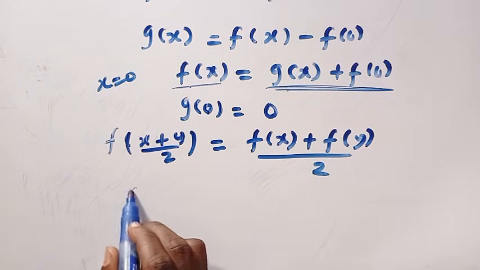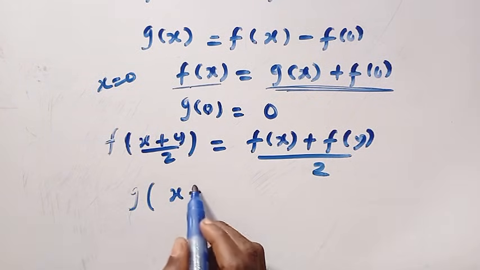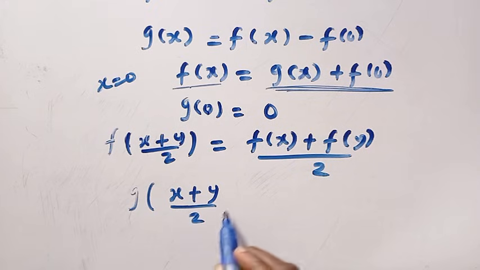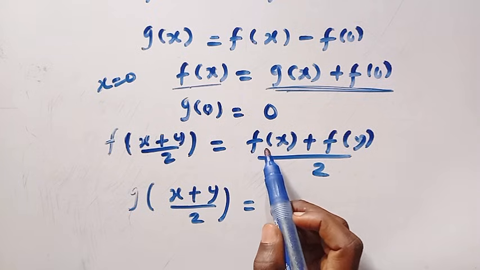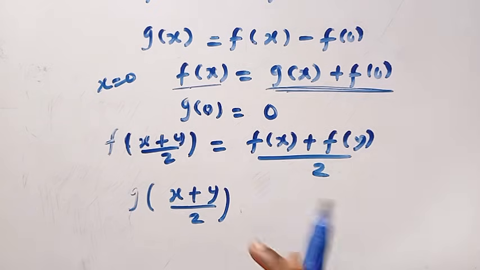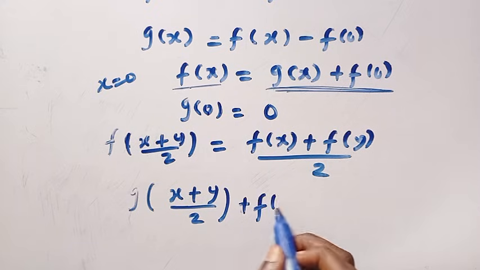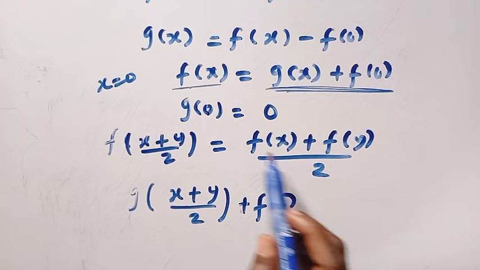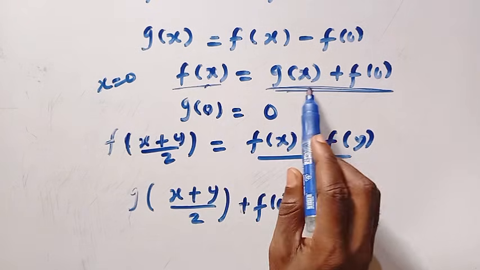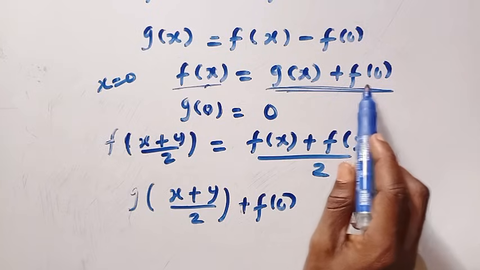g of (x plus y), that is the left hand side, over 2 equals, now we have plus f of 0. For every single thing here, since we have f of x here, we'll be replacing it by g of x plus f of 0.